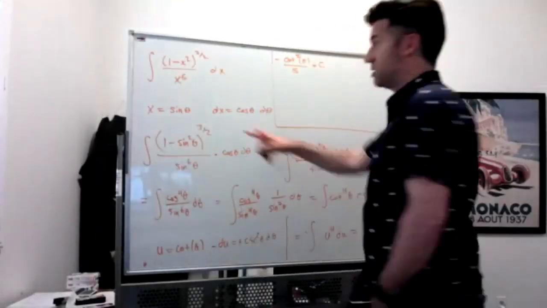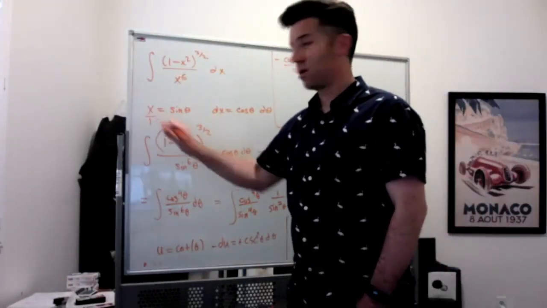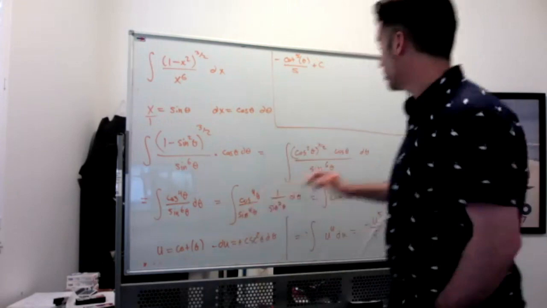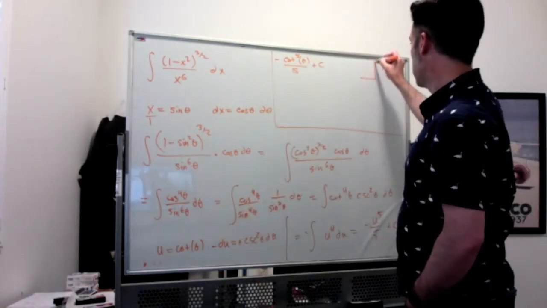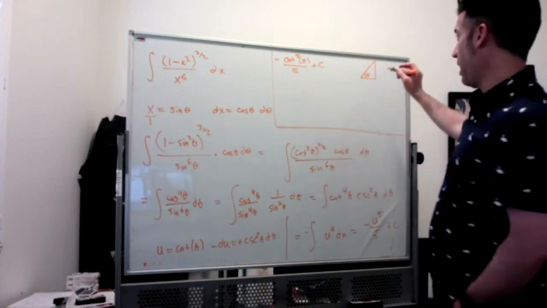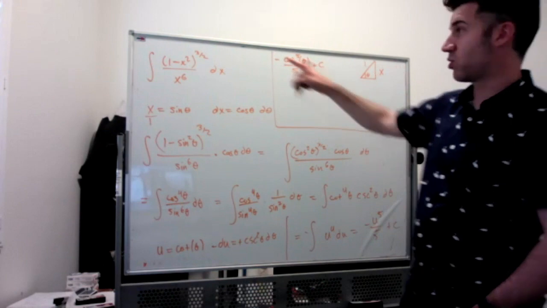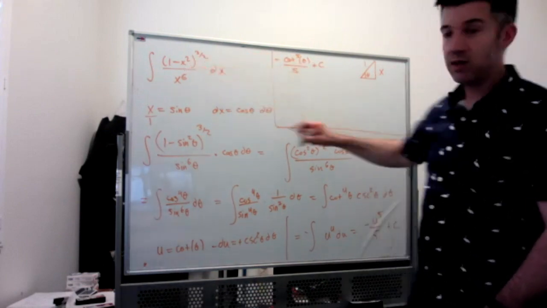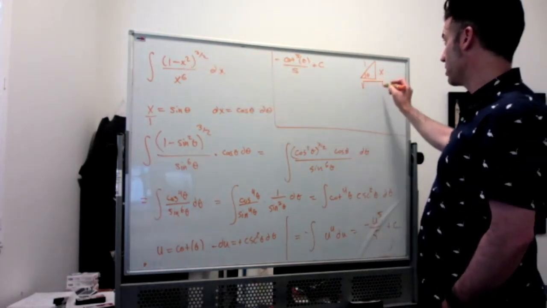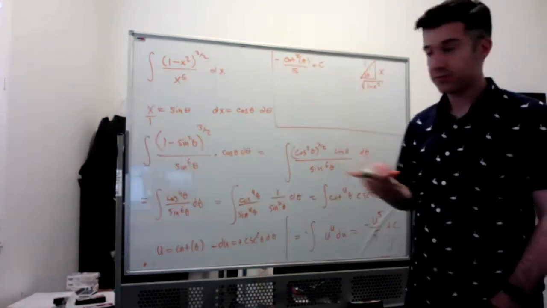So I know that sine of theta equals x over 1. So in my triangle, the opposite should be x, the hypotenuse should be 1, and the third side should be the square root that made you do that in the first place. So it is the square root always of 1 minus x squared for this particular one.